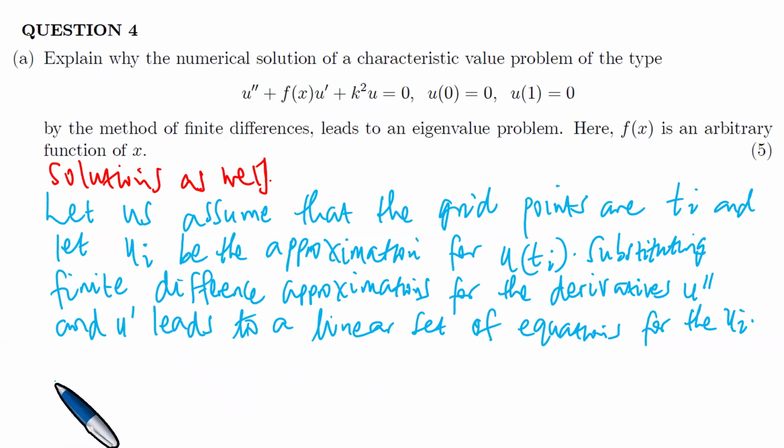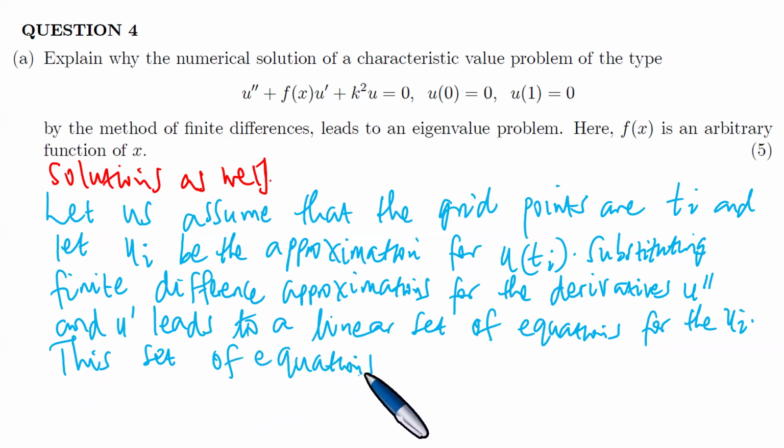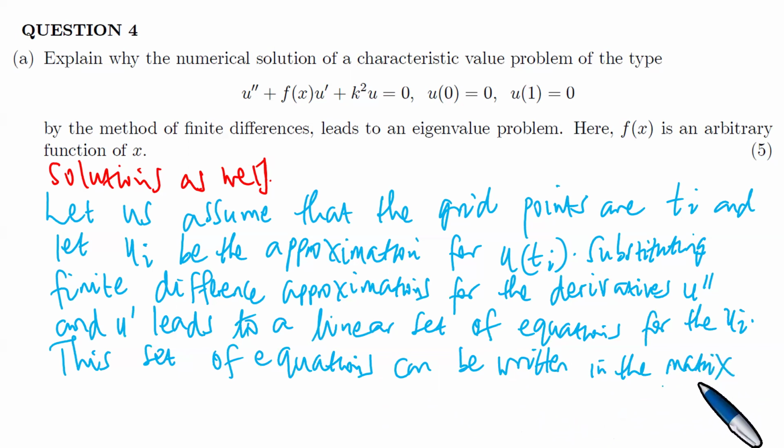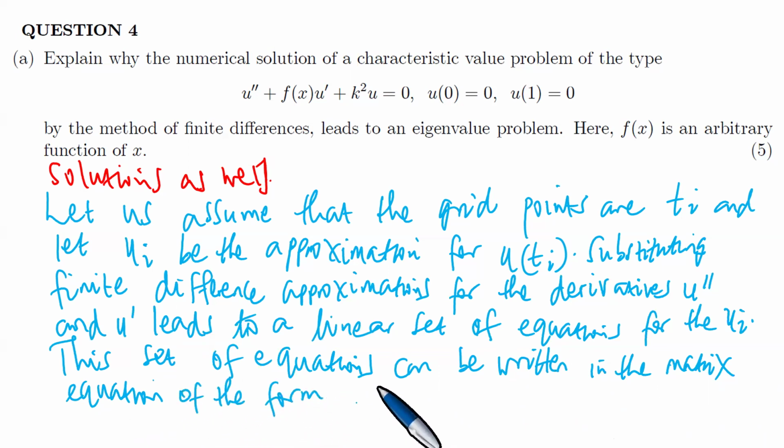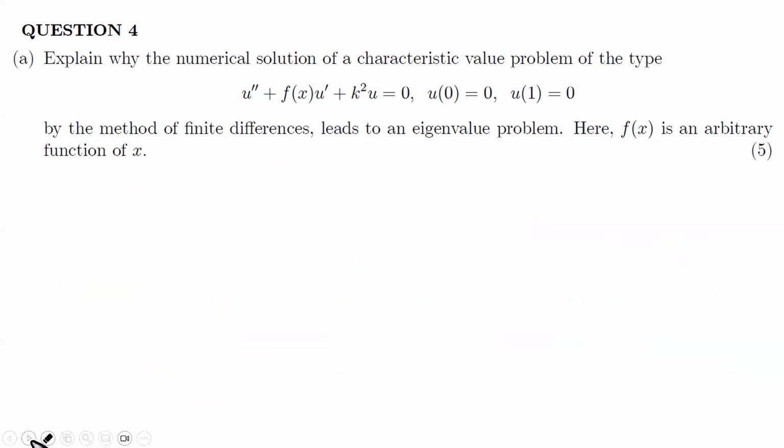We continue to discuss the fact that this set of equations can be written in the matrix equation of the form (A minus B k squared I) times u equals 0.